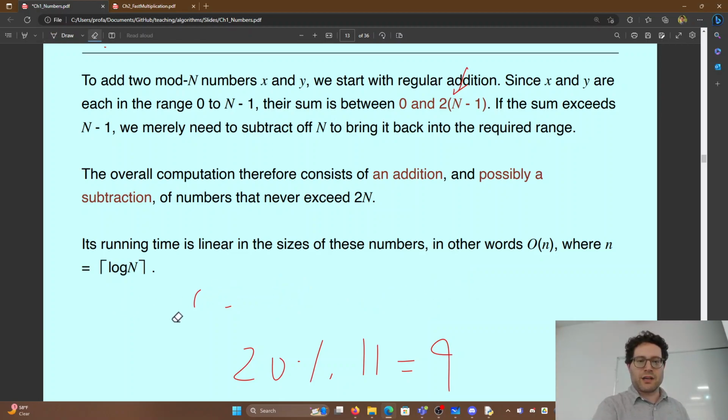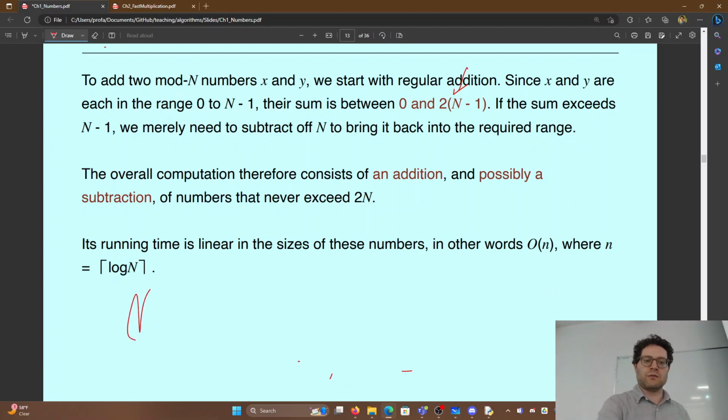So what this is saying is that we just need an addition and a subtraction. In other words, it's a linear operation, because we're just doing an addition and a subtraction. Here n is the number of bits, so log base 2 of n.